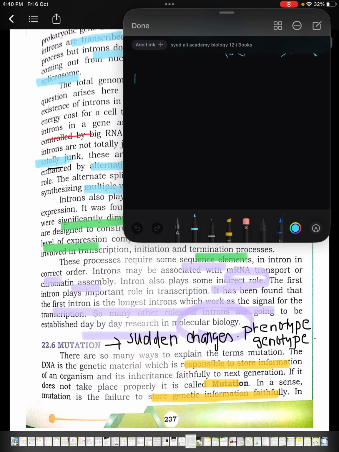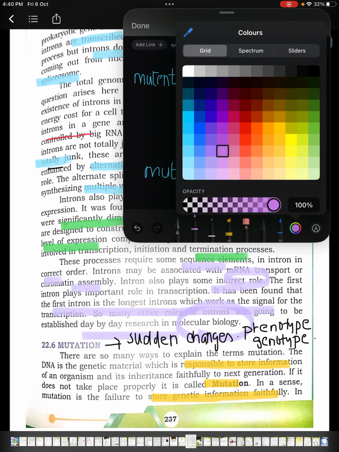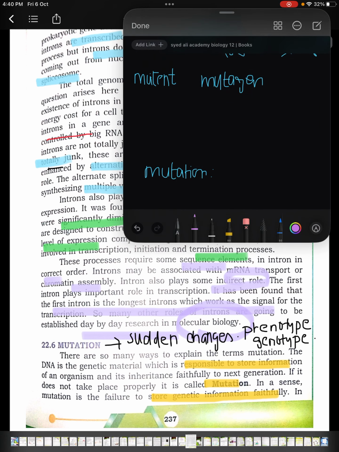Mutant, mutagen, and then mutation, right? Now basically what is mutant?